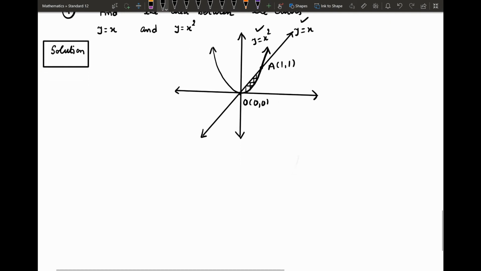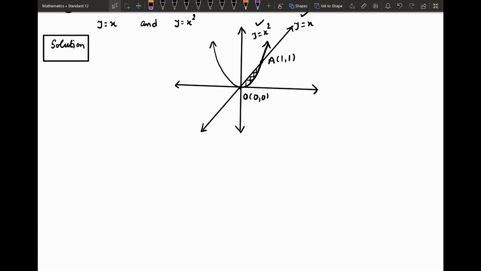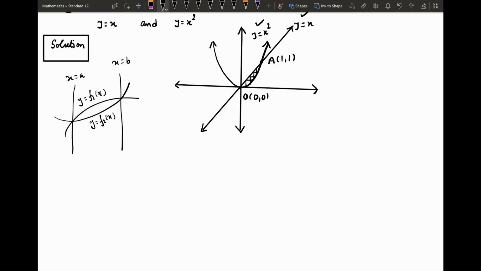Say two curves y equal to f1(x) and y equal to f2(x) intersect each other at x equal to a and x equal to b.